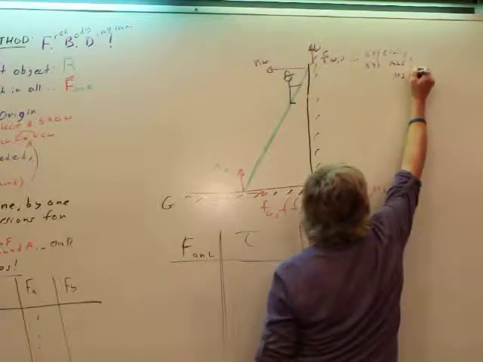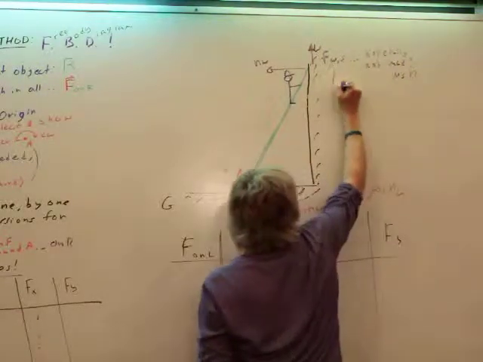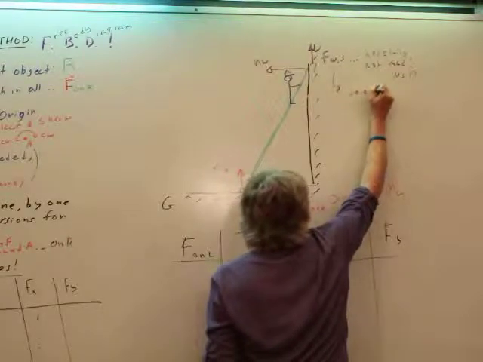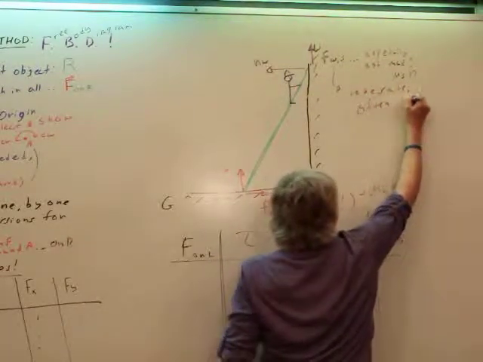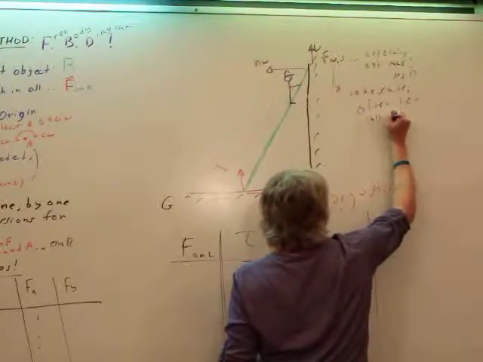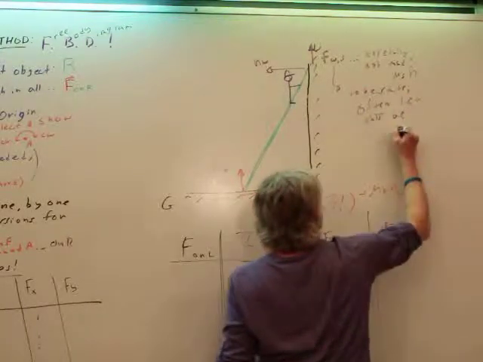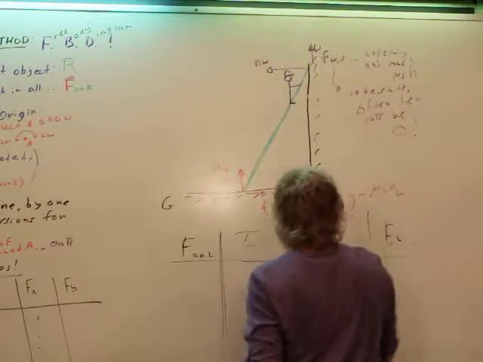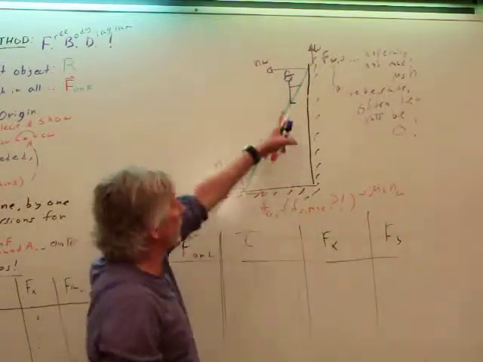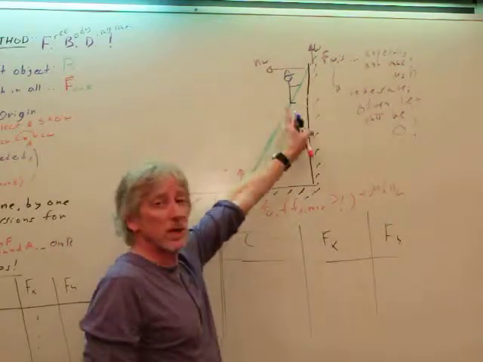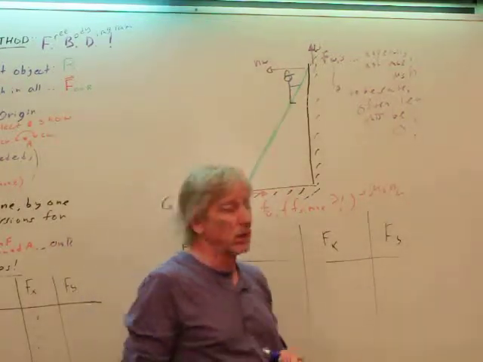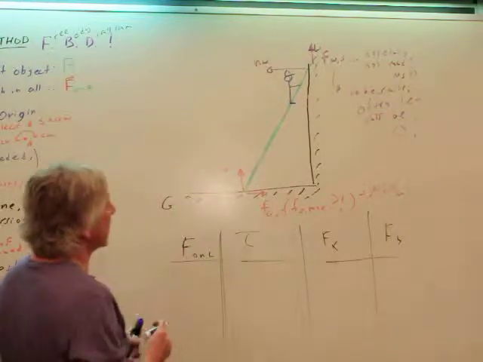That is mu s n, right? In fact, to be safe, we often let this be 0. I mean, that friction is helping hold up the ladder, but if you do your analysis and you can stand there without any friction, that's safe, right? So anyway, you may or may not have that.